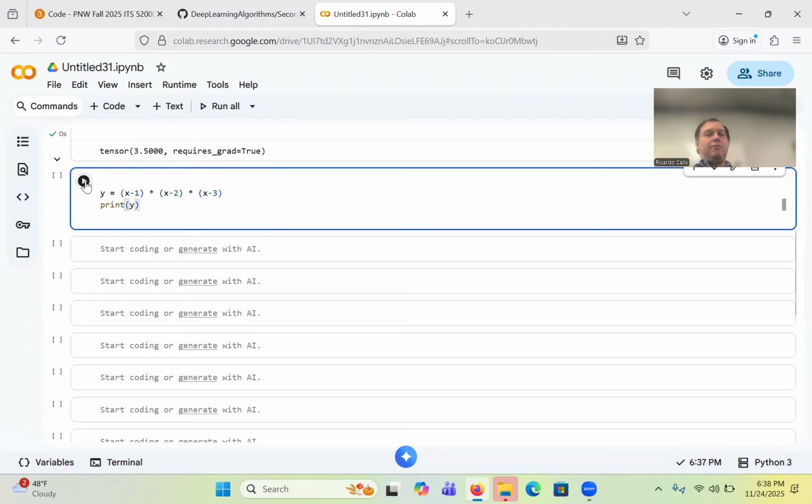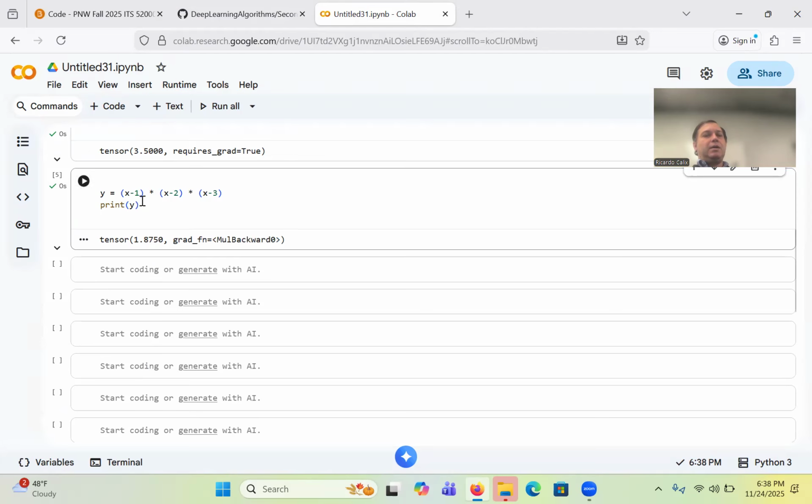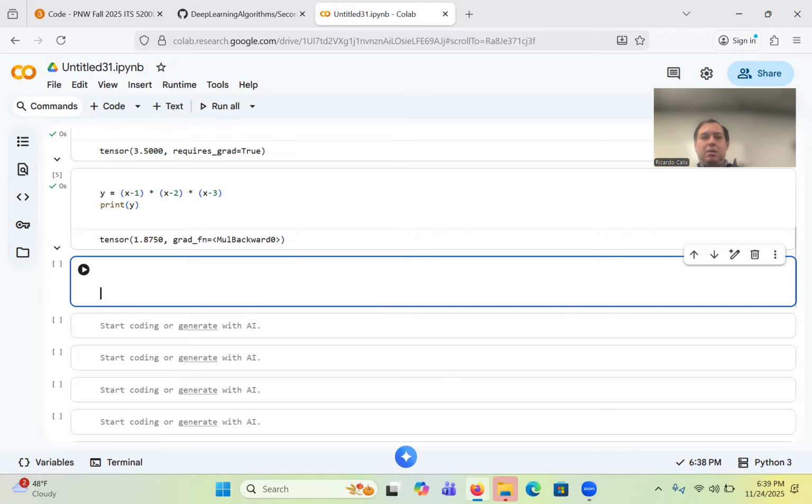So if we run 3.5 through it, it's going to be 3.5 minus 1 times 3.5 minus 2 times 3.5 minus 3, right? And that's the value that we get. Any questions on that? All right. So that's essentially a normal function. The idea of the derivative is we can take the derivative of this function, and then when we run x through it again, now we have valuable information. That's essentially the mechanism.